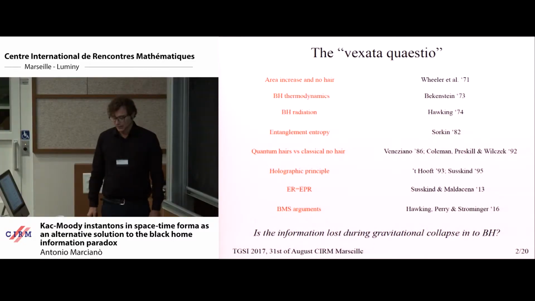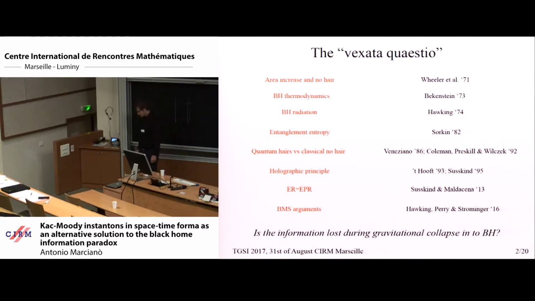So basically, we can understand the black hole physics just in terms of three parameters, which are its mass, its total charge, and angular momentum.